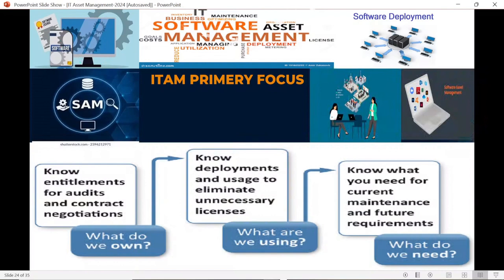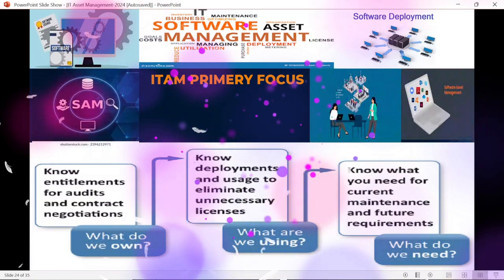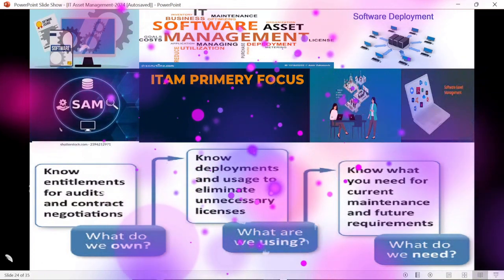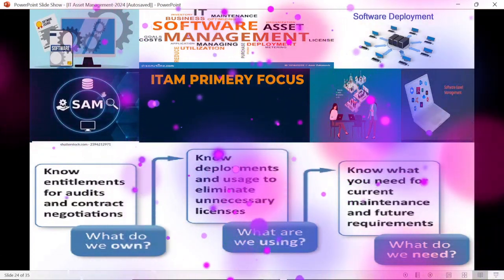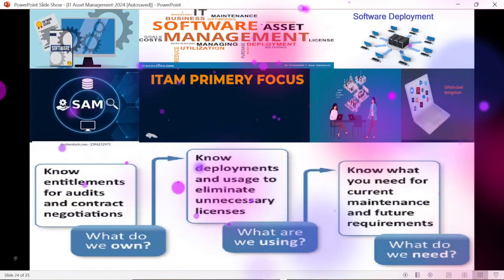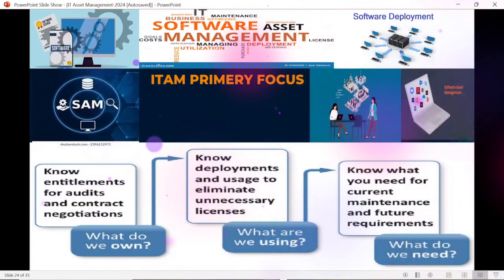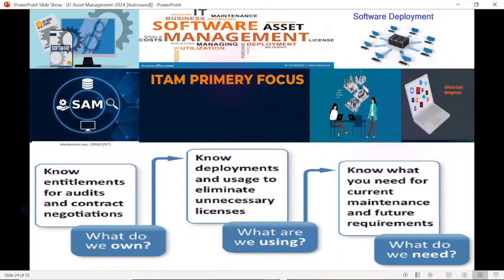If it is in place, you can simply gather and fetch the software purchase proof from that repository. If there is no centralized procurement process, you might have to chase different stakeholders or purchase teams to collect the software license purchase proof, like your invoice copy or the PO copy. You also need to ask for the contract and agreement copies.